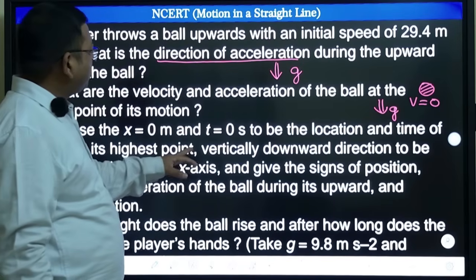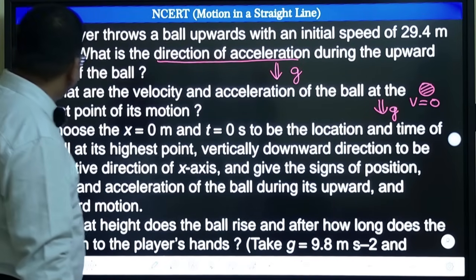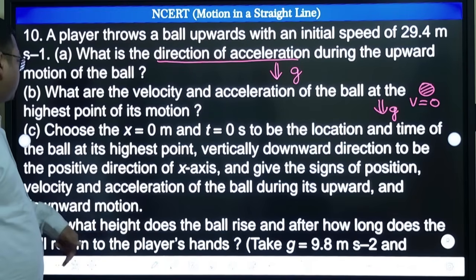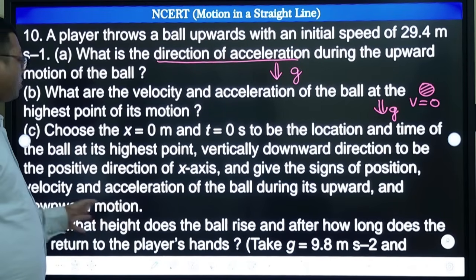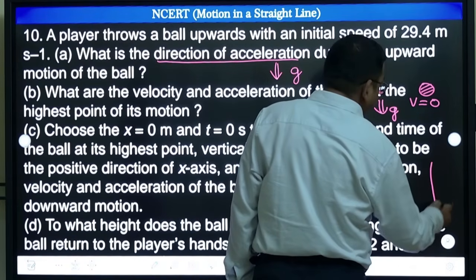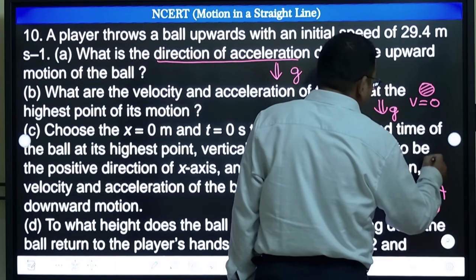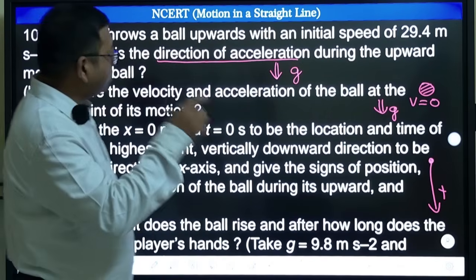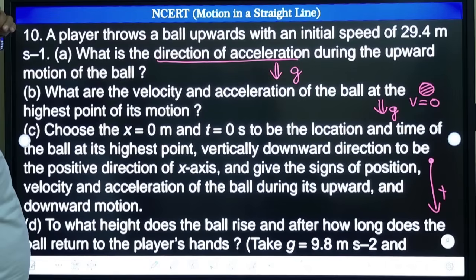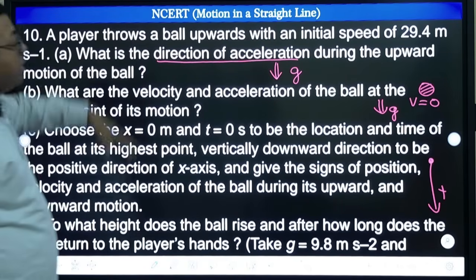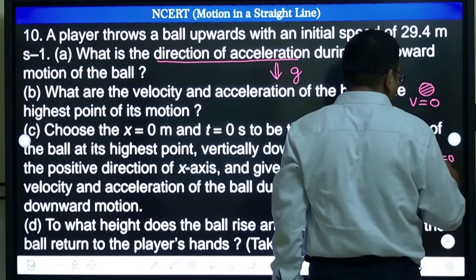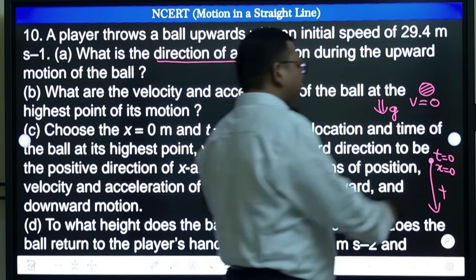Choose x equal to 0 meter and time 0 second to be the location and time of the ball at its highest point, and vertically downward direction to be the positive direction. Give the sign of position, velocity and acceleration. So let us choose the vertically downward direction as positive, and the topmost position is the origin. At the highest point you choose time 0 and position 0, and downward is the positive direction.